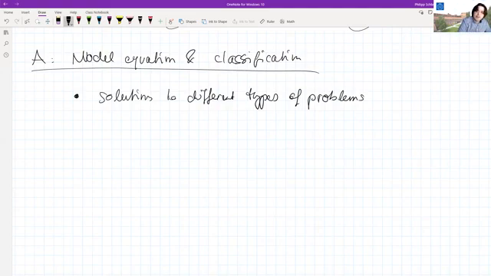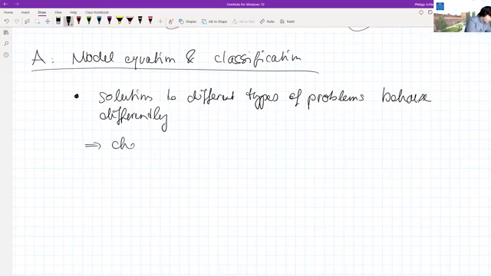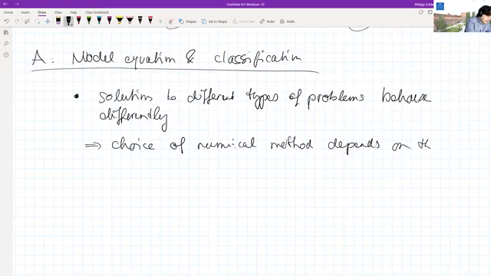But it's a mathematical characterization or classification of problems, and they behave very differently. And this, of course, directly means that the choice of the numerical method depends on these characteristics or properties.